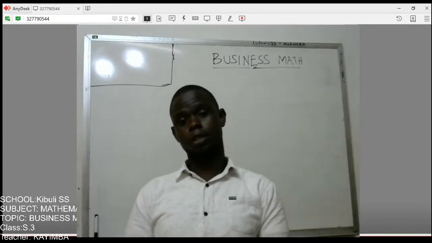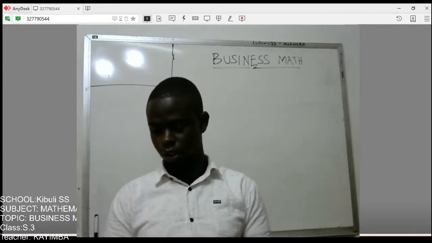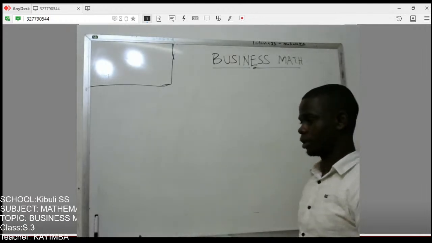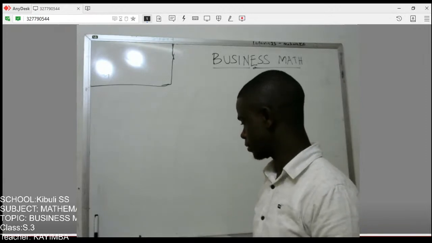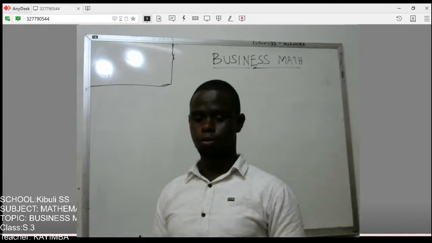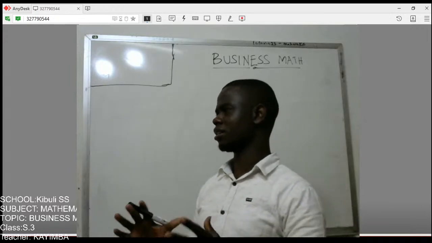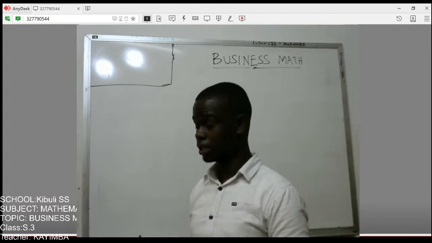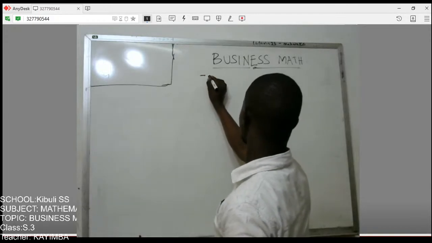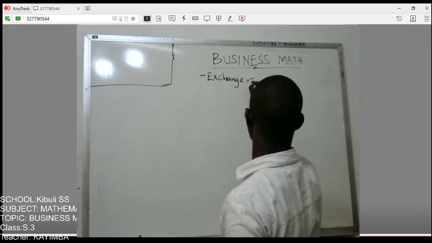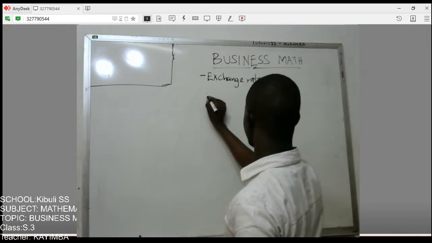For starters, the topic that I'm talking about is none other than business mathematics, as you can see it here. When we talk of business mathematics, we are talking about very many things that are packaged into it. First of all, I can talk of the exchange rates, currency exchange rates. Those are in business math.